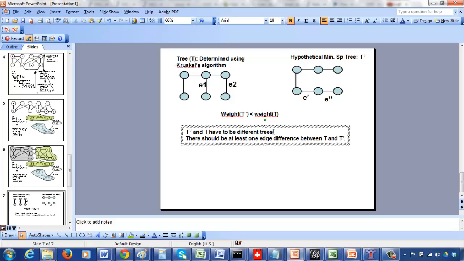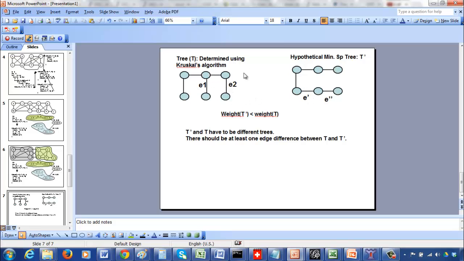What I mean by edge difference is, there should be an edge like E1 here in T that is not in T prime, and to compensate for that, there should be some edge E prime that is in T prime that is not in T. So there should be an edge here, not here, and likewise an edge here, not here. So that's one edge difference.